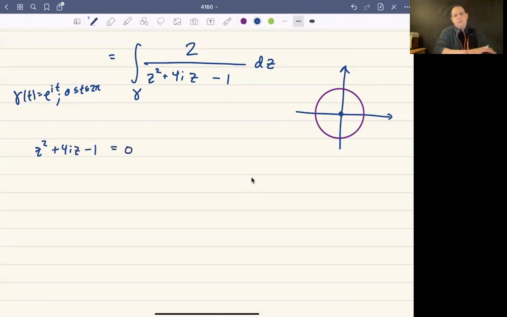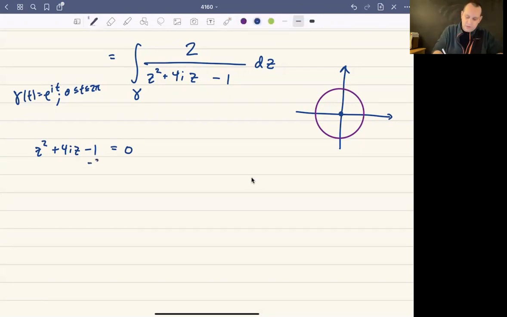To solve this, we can apply the quadratic equation, or if you like, you can complete the square. I just like completing the square. I don't have a good reason for it. It turns out that completing the square over the complex numbers works the same as over the reals. So you take half of the linear term and square it. It's 2i, and 2i quantity squared is 4i squared, or minus 4.